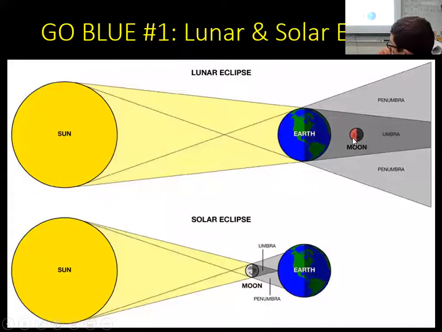And then secondly, we have the solar eclipse. Now instead, we have the moon blocking the sun from the Earth, switching places with the Earth. So that's where we get the more famous and less common solar eclipses. They are much less common because the moon's shadow is much smaller than the Earth's shadow, so it occurs less frequently.